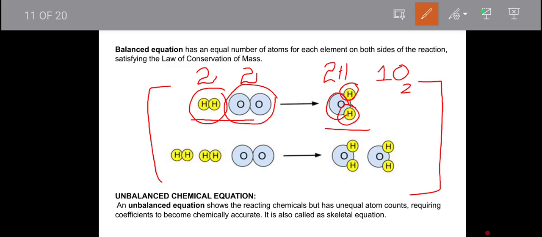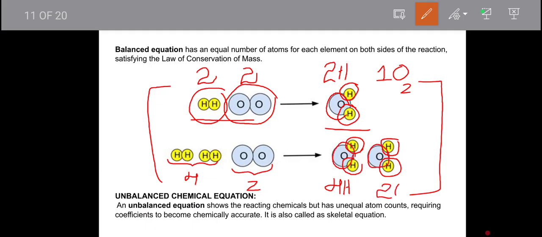Fine. Now see the second diagram. Here you just count how many hydrogen is there. 2 plus 2, you will be getting 4. Here how many oxygen atoms are there? 2. Okay. Now here you just count 1, 2, 3, 4. Right. So 4 hydrogen atoms are there. Count oxygen atoms: 1, 2, so 2 oxygen atoms are also there.